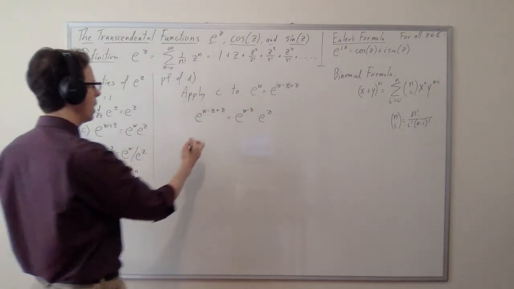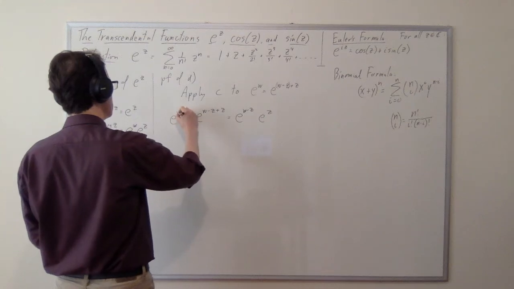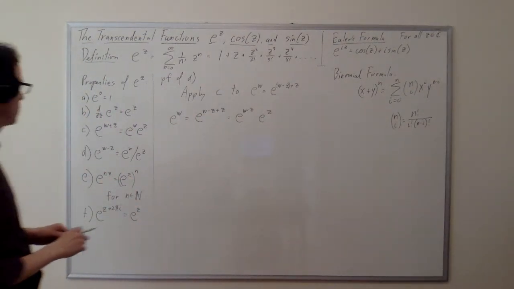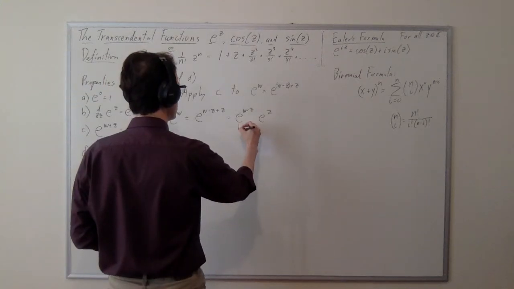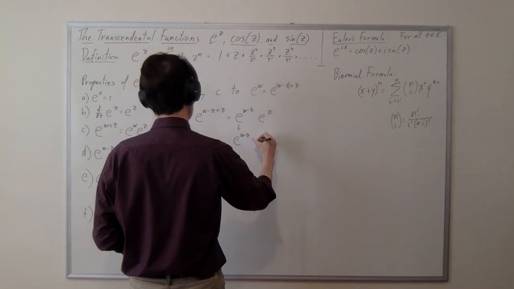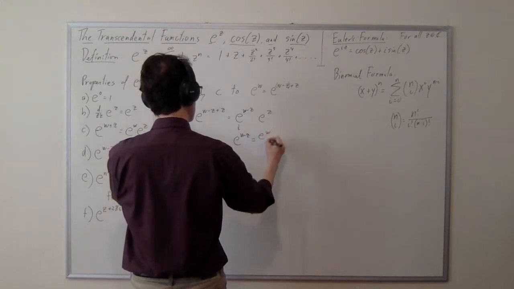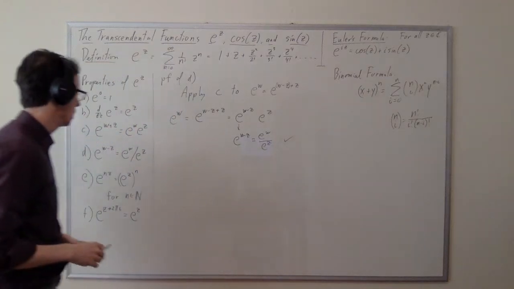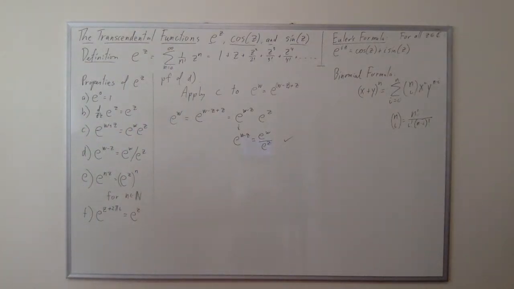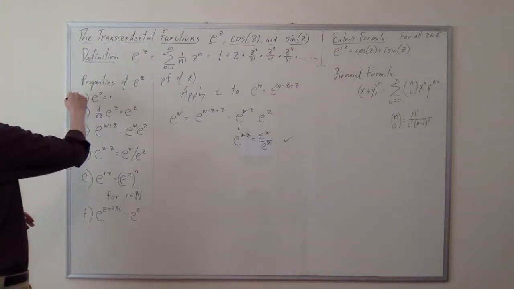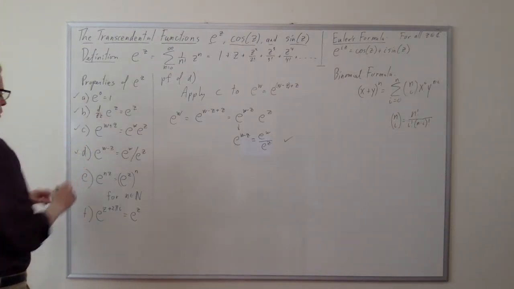And then notice that this is just e to the w, and then we just divide both sides by e to the z. I hope I did that right. Yeah, so solve for this term here. So e to the w minus z is equal to e to the w divided by e to the z, just as desired. So that establishes part D. So we've got check, check, check, check, we're okay.